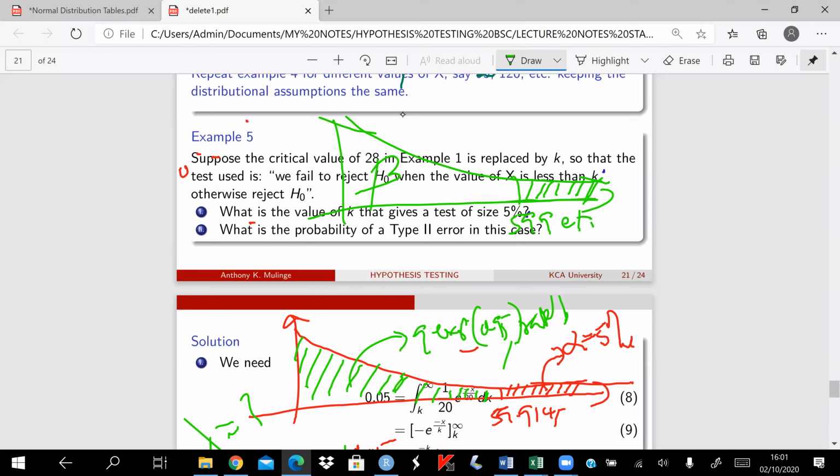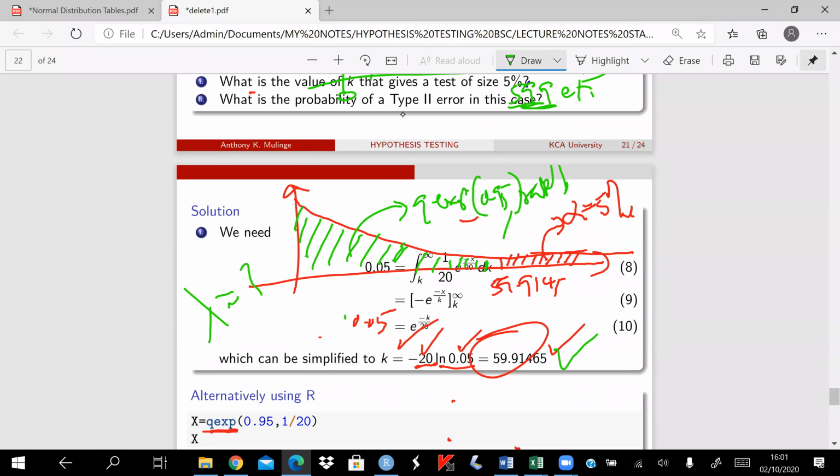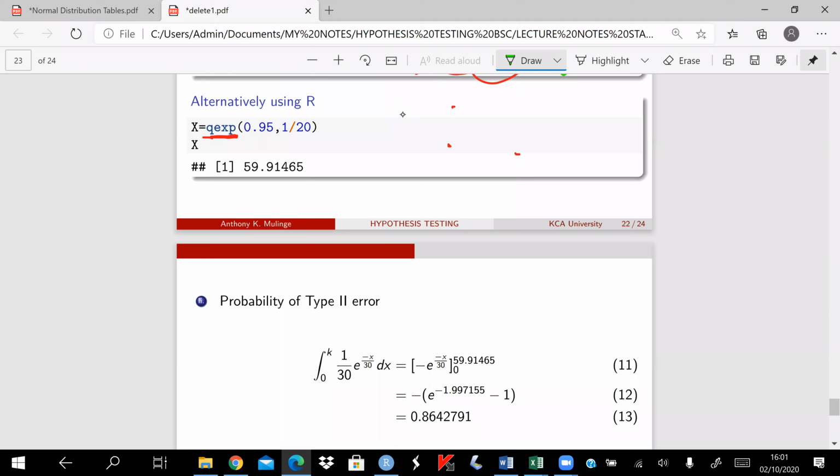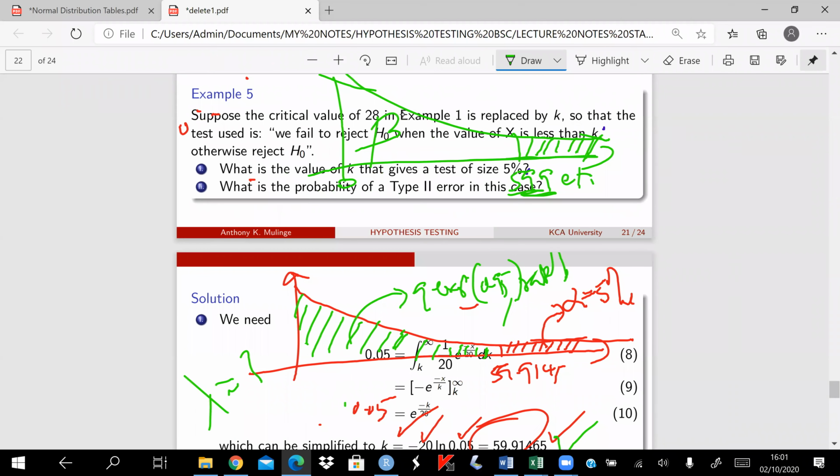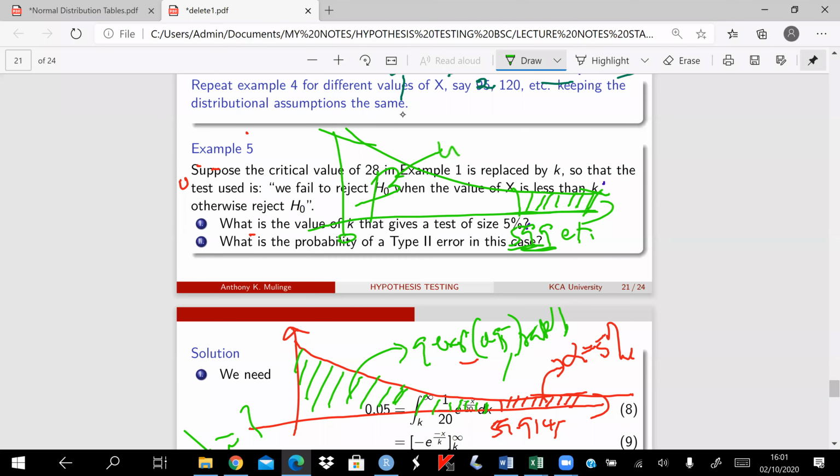So clearly we need the cumulative probability from 0 all the way to 59.9. So for type 2 error, you cumulate your probabilities from 0 to k. But very important to note is that you do this when H0 is not true, or when H1 is true.